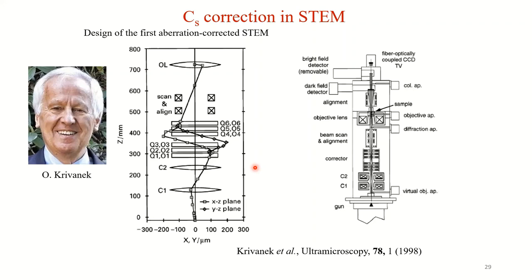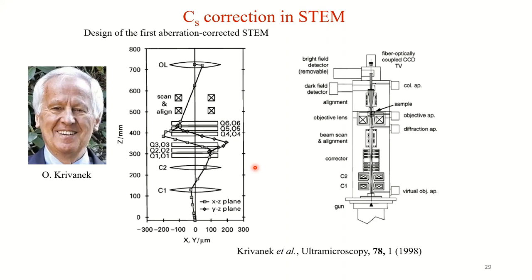So basically, you have a quadrupole, and you get an ellipsoidal beam when it passes through the quadrupole. Then you correct the spherical aberration in that direction after passing it through the octupole. And then you again pass it through a quadrupole to make it a round beam again. And then you pass it through another octupole to correct for fourfold astigmatism.